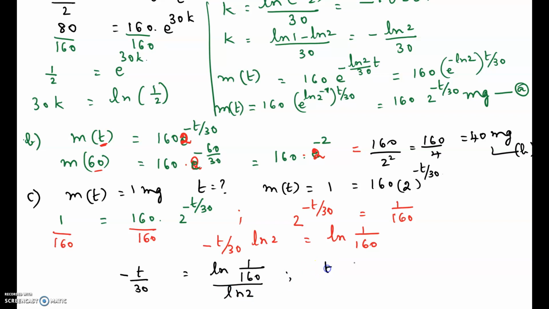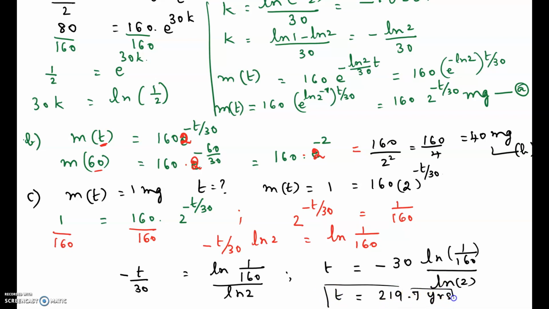Multiplying both sides by 30 and flipping the sign, t equals negative 30 times ln of 1 over 160 divided by ln of 2. In the calculator, this comes out to 219.7 years, rounded to 1 decimal place. So for the sample to reduce from 160 milligrams to 1 milligram, it takes 219.7 years. Hope this video helps.